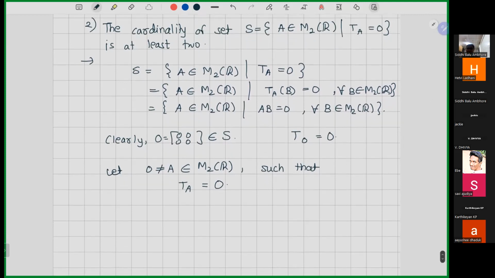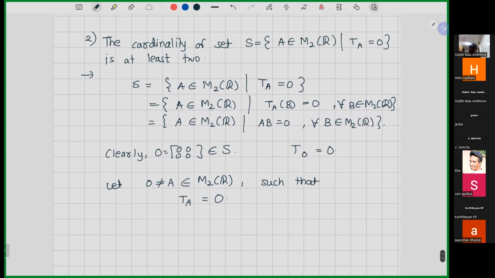We are saying that this set corresponds to the linear transformation being entirely a zero linear transformation. I'm not talking about the null space here. I'm just considering this set S of the matrices A such that TA is 0.